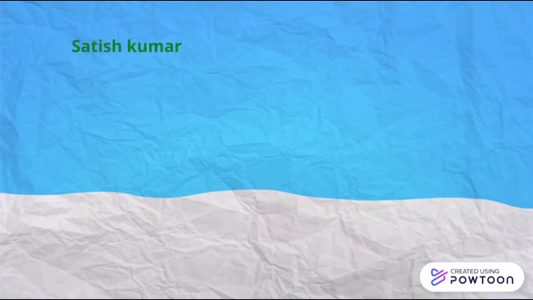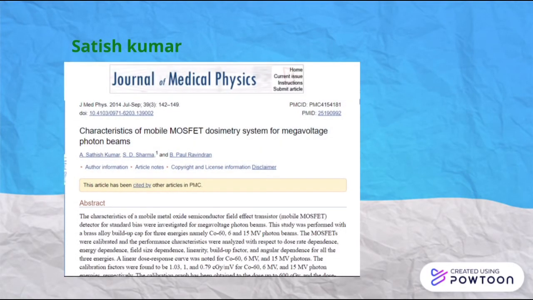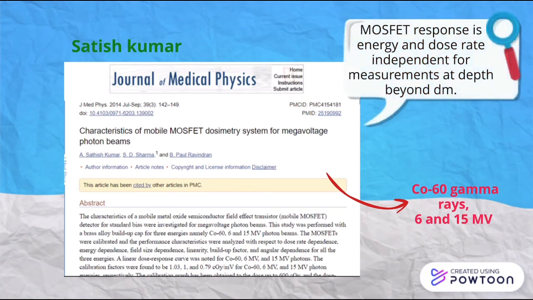A study by Satish Kumar et al. investigated the energy dependence of the MOSFET dosimeter for cobalt-60 gamma rays and 6 to 50 MV X-rays. In this research, the performance characteristics of a mobile MOSFET dose verification system were analyzed for megavoltage photon beams.